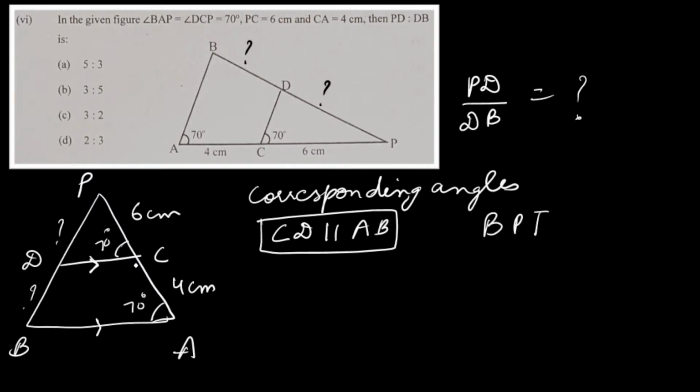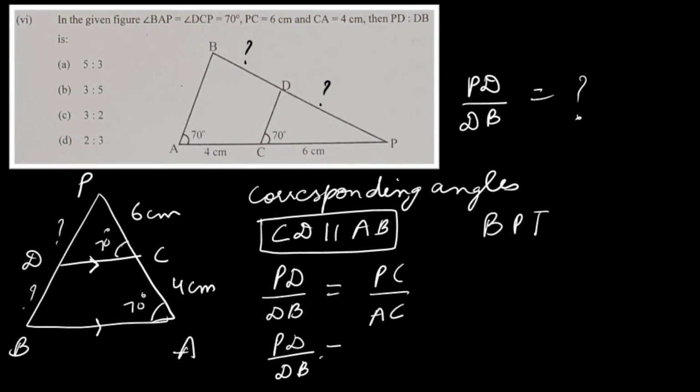So what is BPT? If CD is parallel to AB, then the ratio of their sides, PD is to DB, is equal to PC is to AC. So BPT we can use now. PD and DB we have to find.